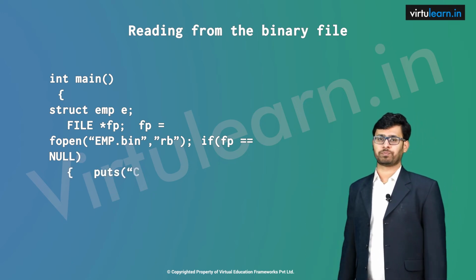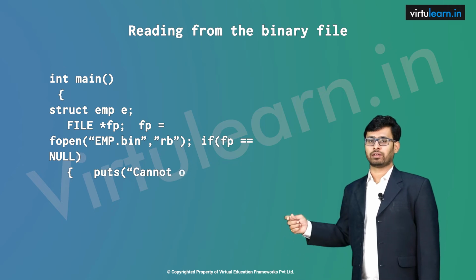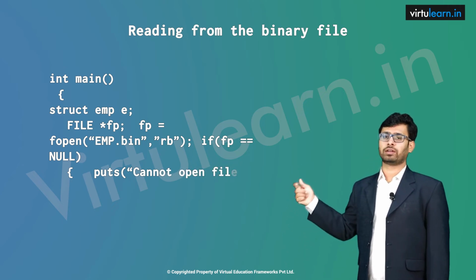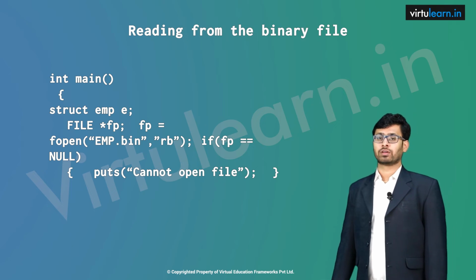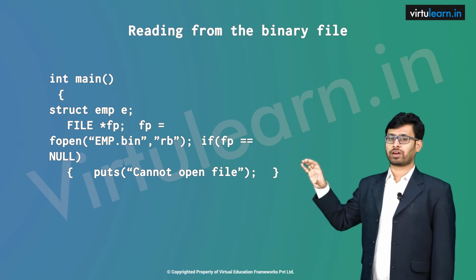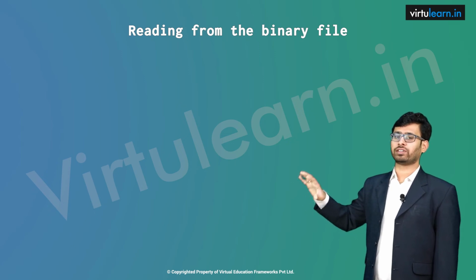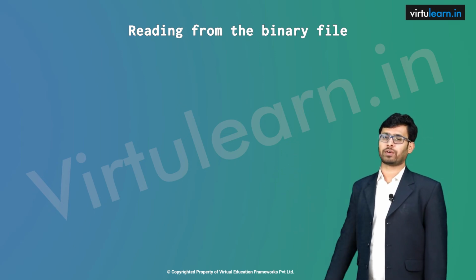If fp is double equal to NULL, I am giving a message, file cannot be opened. Else, apart from this case, we write a while loop in order to read the data which is there in the binary file.